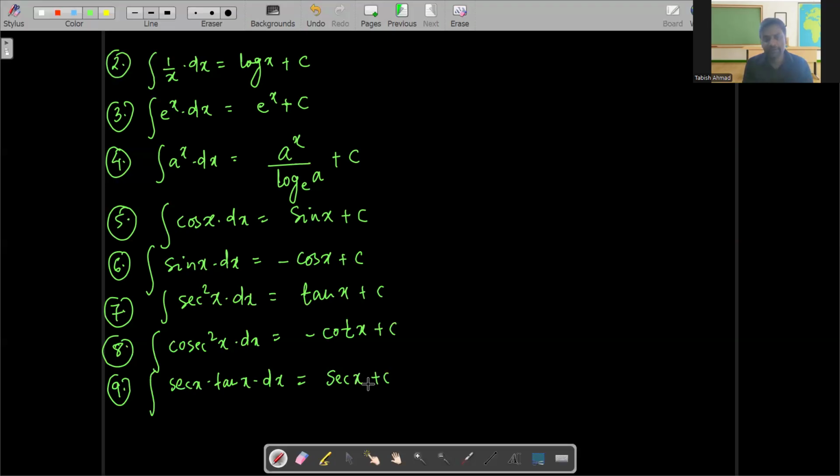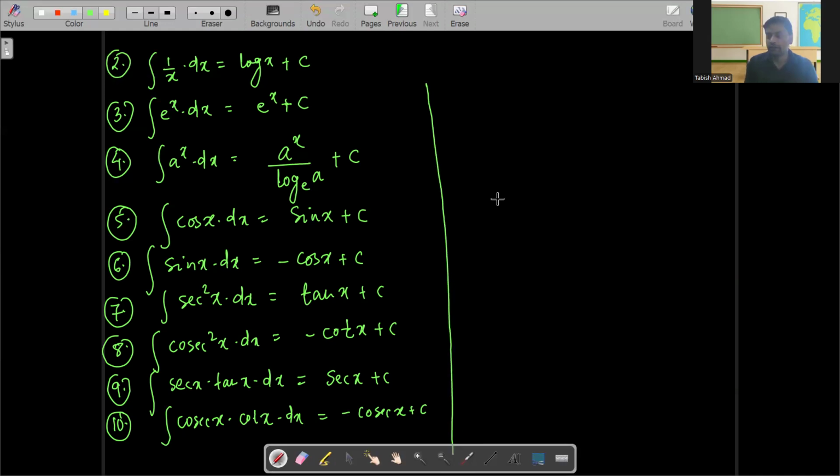Okay, so the 10th number, I'm coming to the bottom of the page, that is cosec x cot x dx. So what will be the integration of this? That is nothing but negative cosec x plus c.